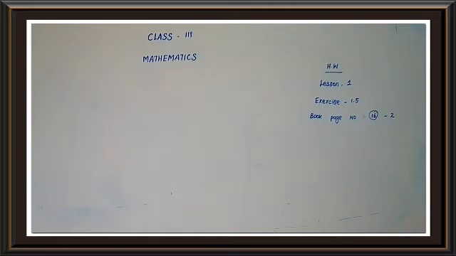See the A question. They are given the word form. The first box is number form, the second one is word form, and the third one is expanded form. Three columns are there. Now we want to fill the empty boxes. In the A question they are given the word form.